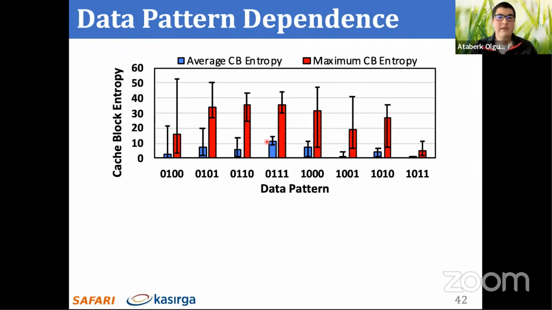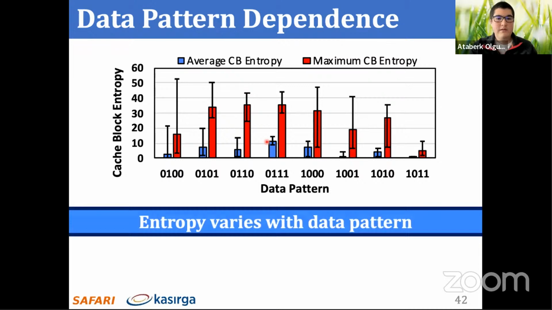The error bars indicate the maximum and the minimum values, where the upper tick indicates the maximum value and the lower tick indicates the minimum value we observe across all modules. And note that the maximum possible value for cache block entropy is 512 because there are 512 bits in a cache block. We observe that the entropy varies with data pattern.